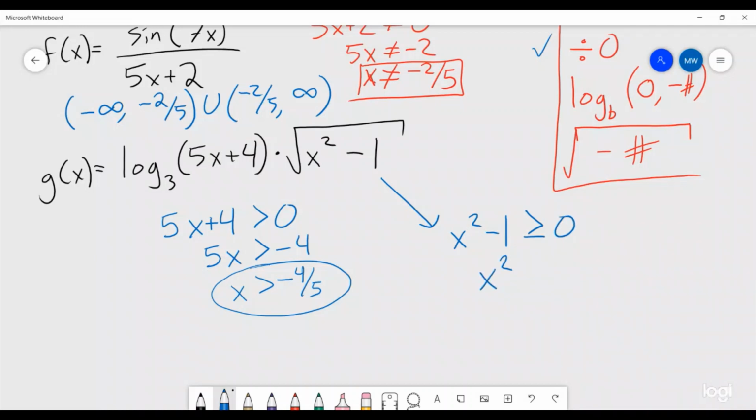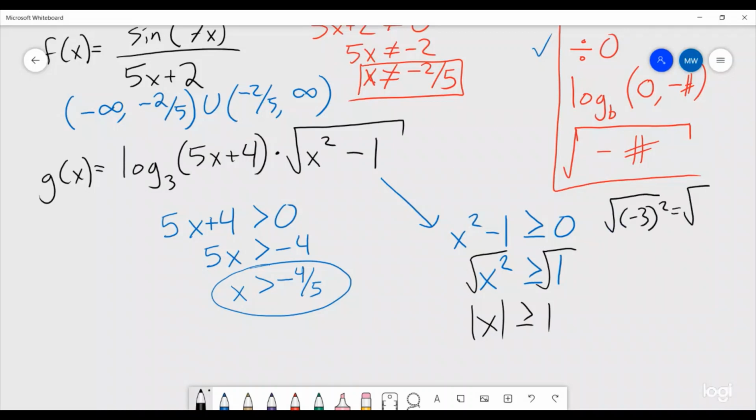So x squared is greater than or equal to 1. And at this point we might want to say, well, let's take the square root of both sides, so then x is going to be greater than or equal to 1. But that's not quite true. The square root of x squared is the absolute value of x. If you're trying to figure out why that is, what's the square root of negative 3 squared?